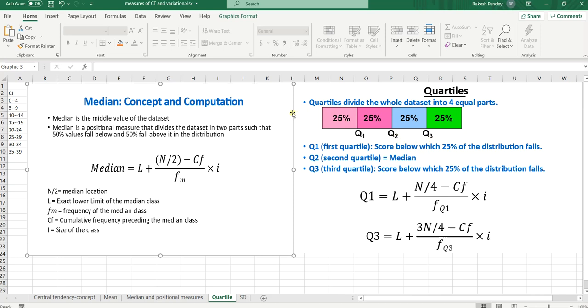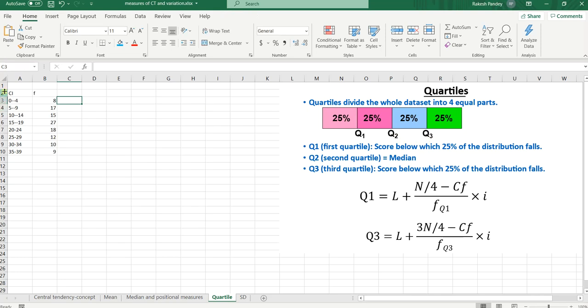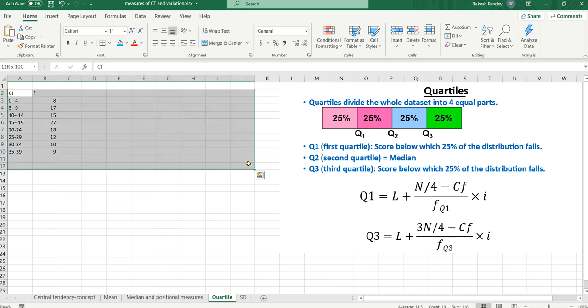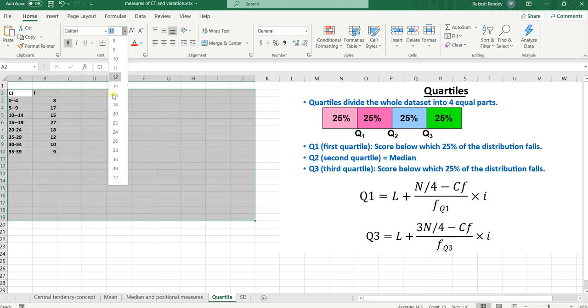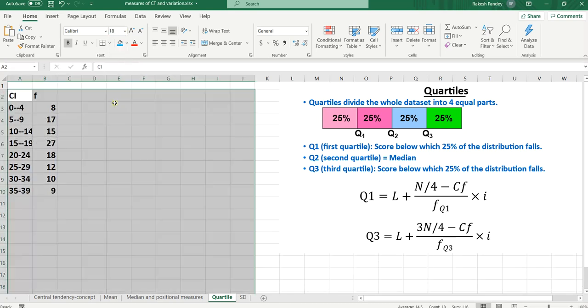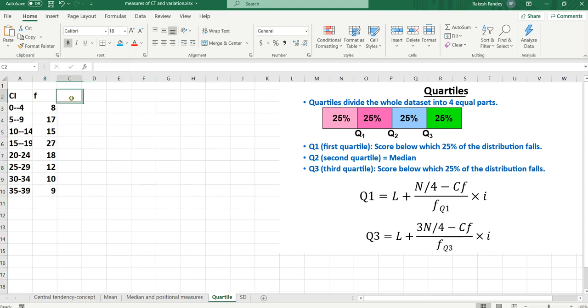Now let us do the actual computation. Again, I am increasing the font size, making it bold, and a little larger so that you can easily see.